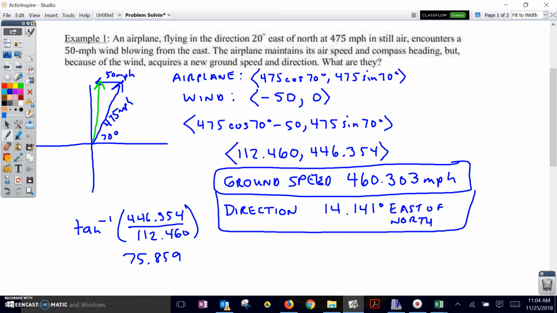Now suppose I wanted to represent the direction instead as a unit vector. I could do that. I would just take the vector that represents the plane's motion and divide it by the ground speed, and that would give me the vector form of the direction of motion.